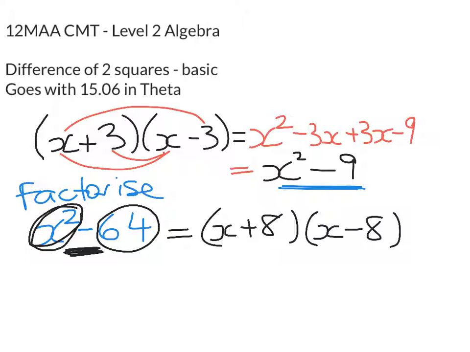Right, on the next slide I'm going to give you 5 examples to do on your own of increasing difficulty level. So make sure you've got your maths book and try to work through them before you go through my answers. Right, so here they are.